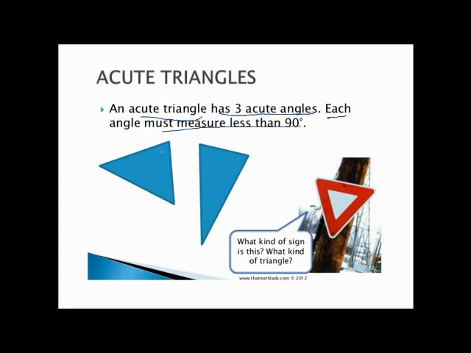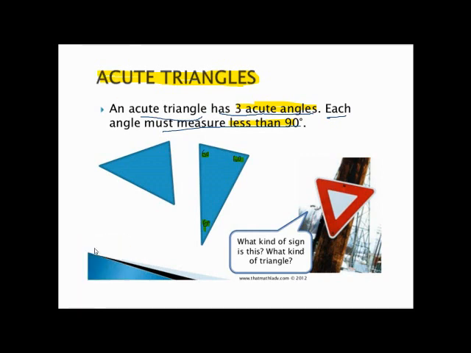For example, here this is 60, so it's acute, right? And here 60 if you measure it with the protractor, and here 60. So 60, 60 and 60, they are all acute angles, less than 90. So I can name this triangle an acute triangle.